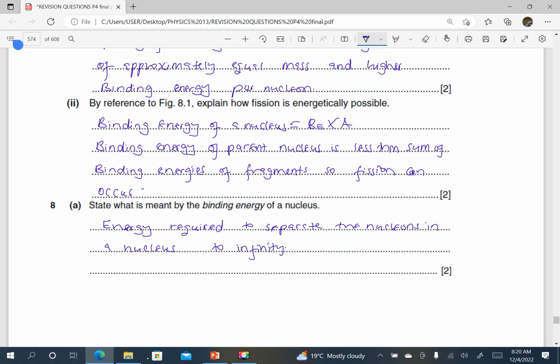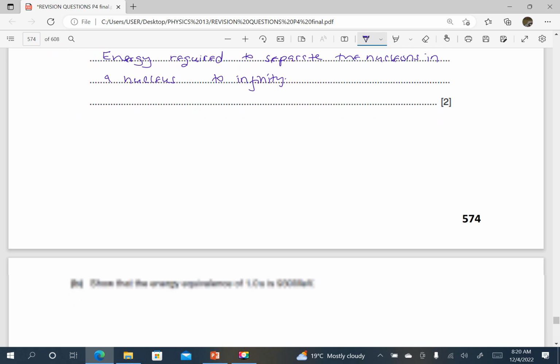So that is the binding energy of a nucleus. The energy required to separate the nucleons of a nucleus to infinity. Remember, I said the nucleons, those are the protons and the neutrons.